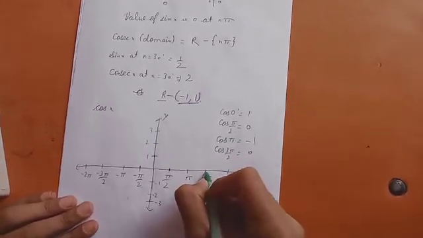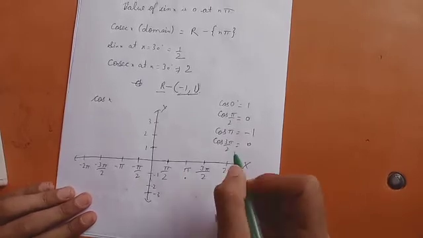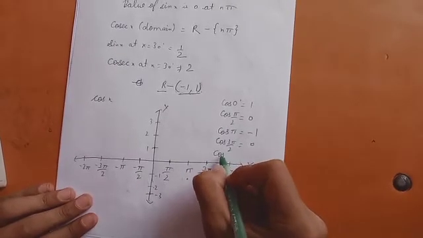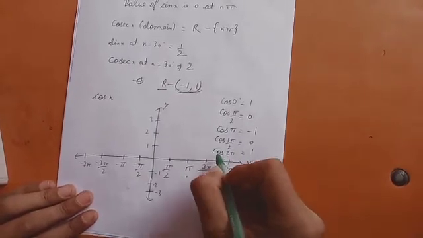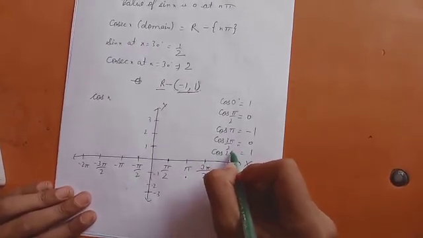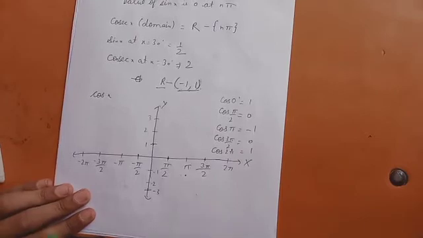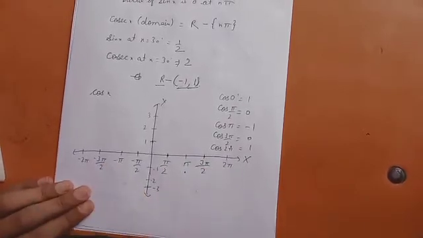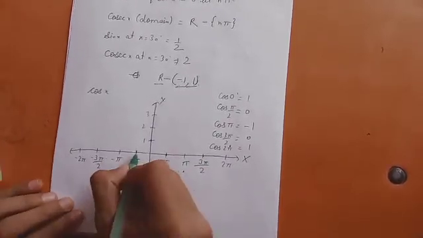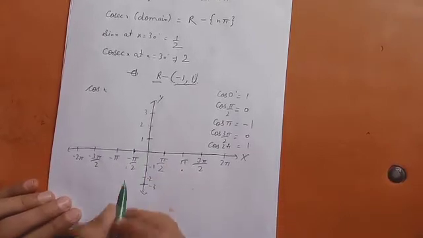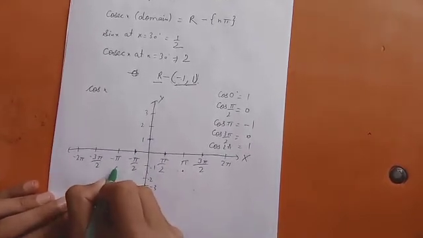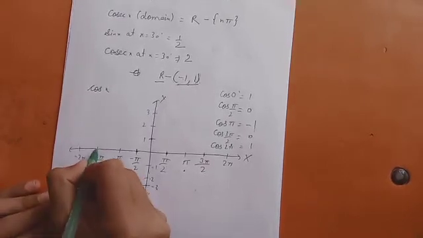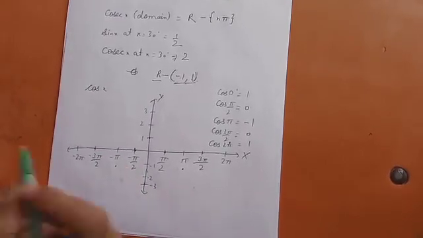And at cos 2 pi it is equal to 1, so we get the value 1 here again. Similarly, if we take negative angles, our values will be 0 at minus pi by 2, -1 at minus pi, 0 at minus 3 pi by 2, and 1 at minus 2 pi.